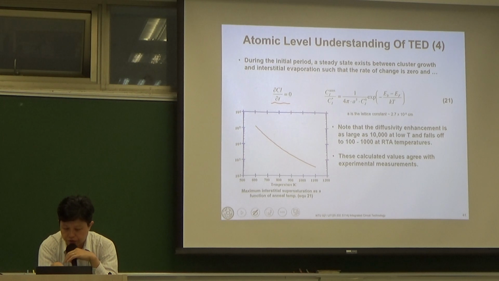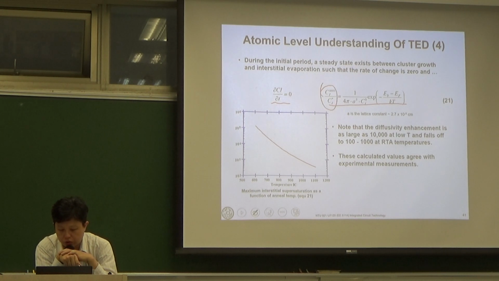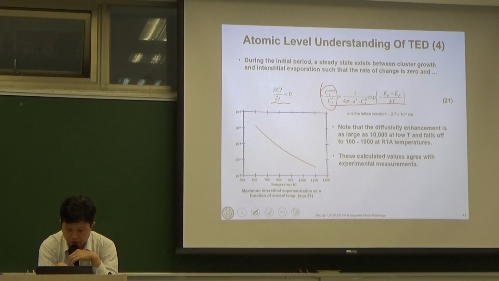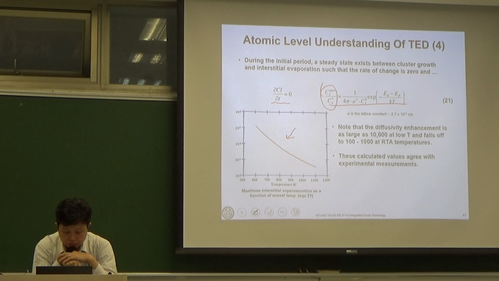We take this one as a steady state. We can solve this in this equation 21. This gives us this CI concentration, so we can plot this line here as a function of temperature.